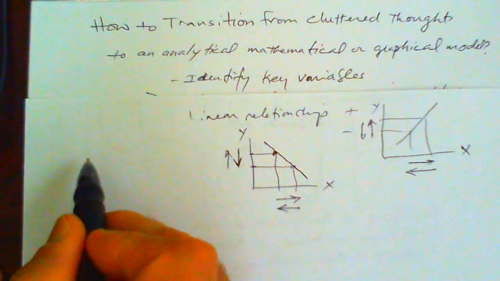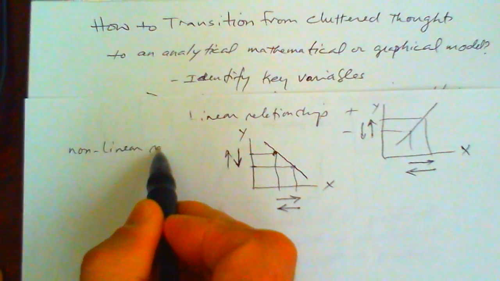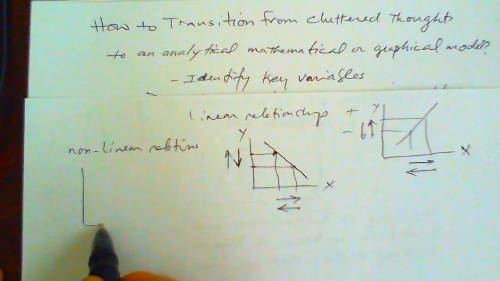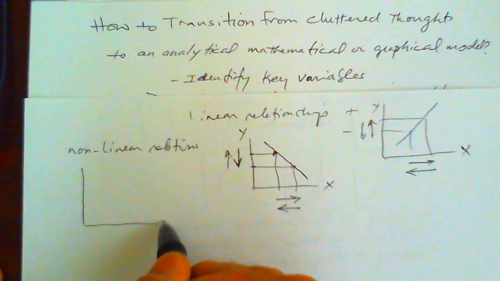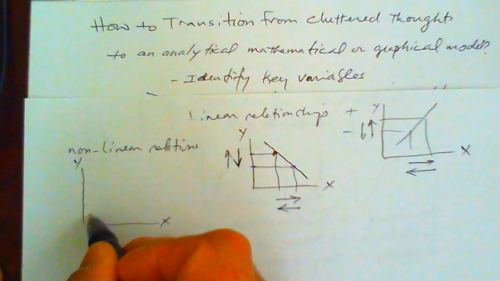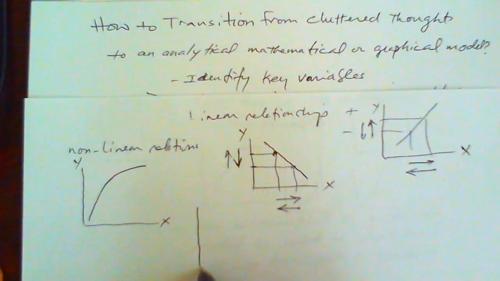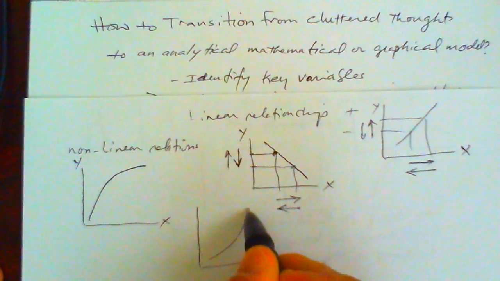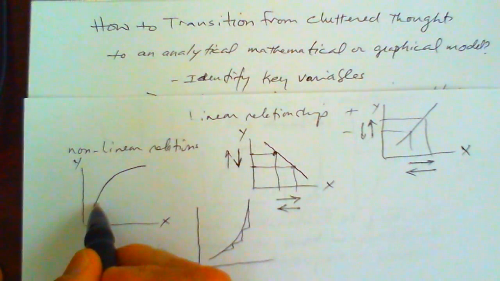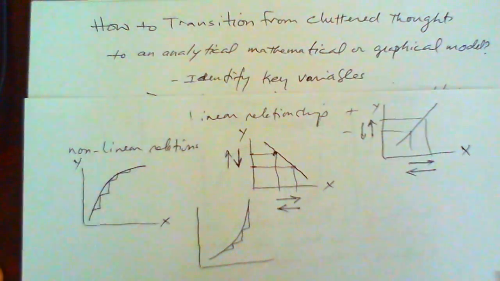You could have a nonlinear relationship. You could have a situation where these two variables, x and y, let's say, increase at a decreasing rate, or increase at an increasing rate, meaning that the rate at which it is increasing is getting larger and larger. In this case, the rate at which it is increasing is getting smaller and smaller.